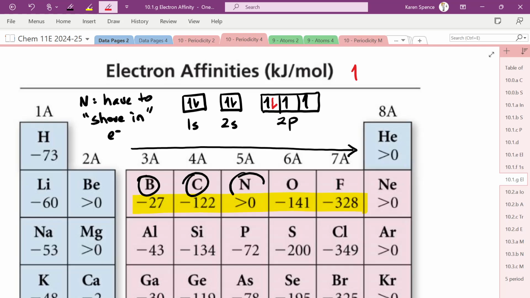So when we get to oxygen, it's okay. Oxygen's like, okay, the repulsive force of being in the same orbital is overcome by the fact that we have a higher Zeff and a smaller radius. But for nitrogen, it's not enough. That first one has to go in when you already have a half-filled p subshell, so it has to go into that previously occupied orbital, and so there is electron-electron repulsion.